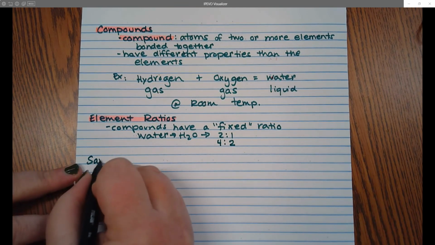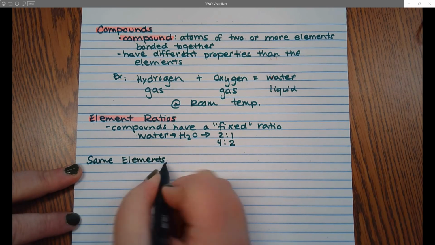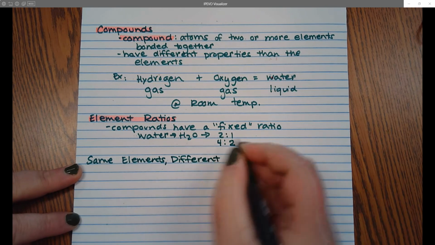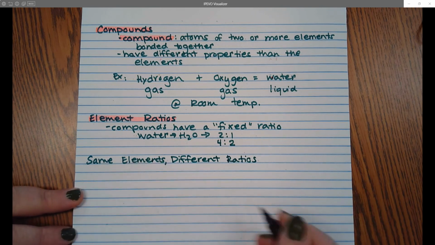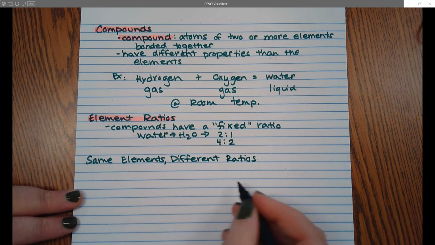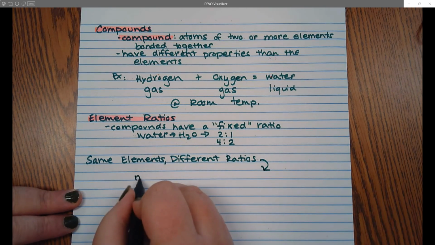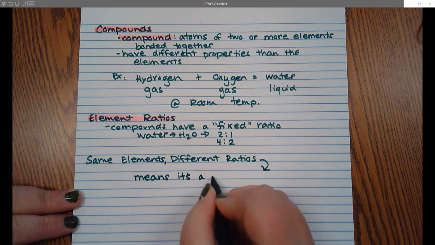Along this same idea, if I take the same elements but in different ratios, I would have an entirely different substance. So same elements, different ratios. Let's say this means it's a new substance.